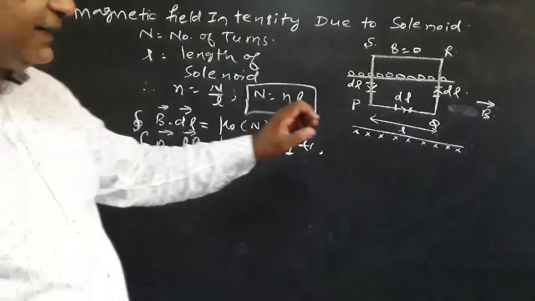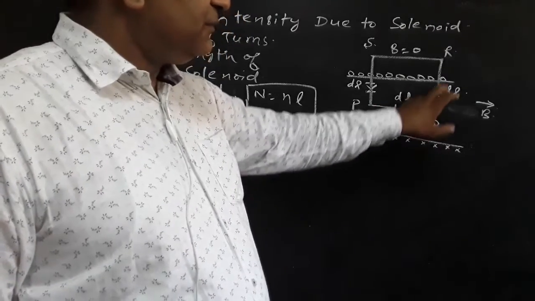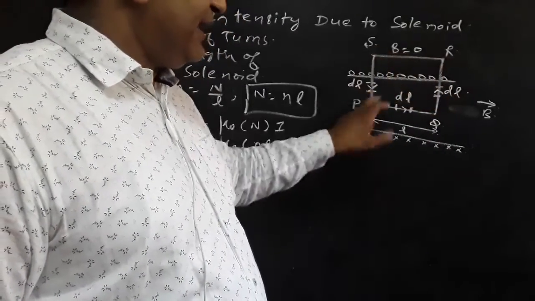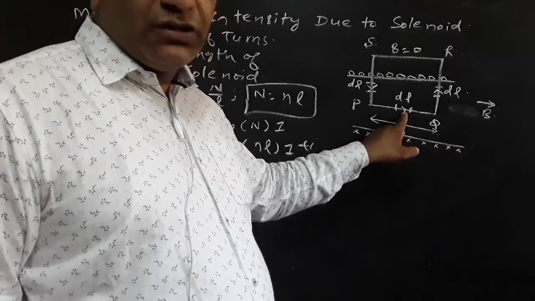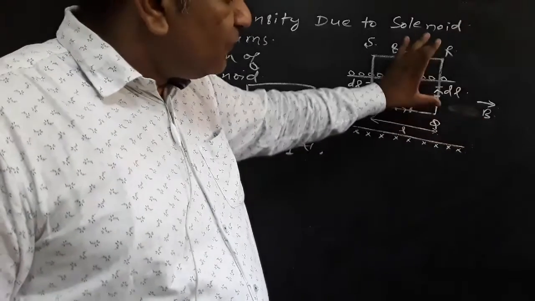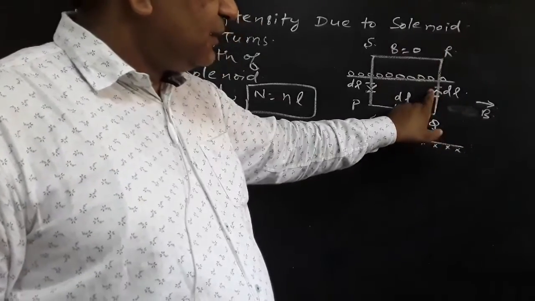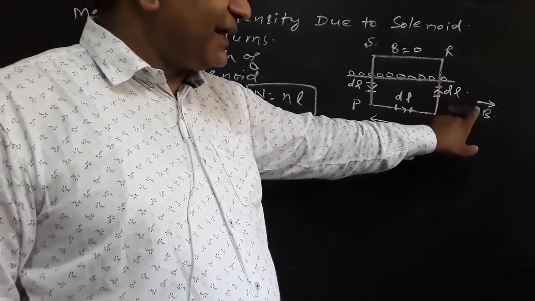Now the total magnetic flux through this structure PQ, QR, RS and SP. Here this is a small length dl. For PQ, the direction of the length element is the same as the direction of the magnetic field. For QR, the direction of the length element dl is perpendicular to the direction of the magnetic field.